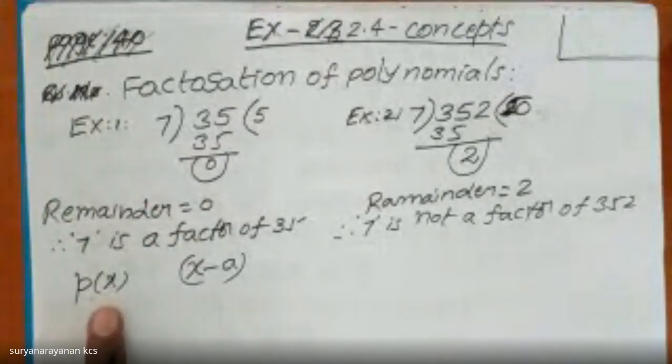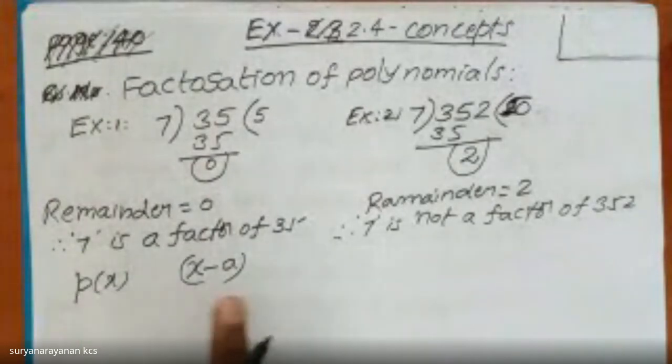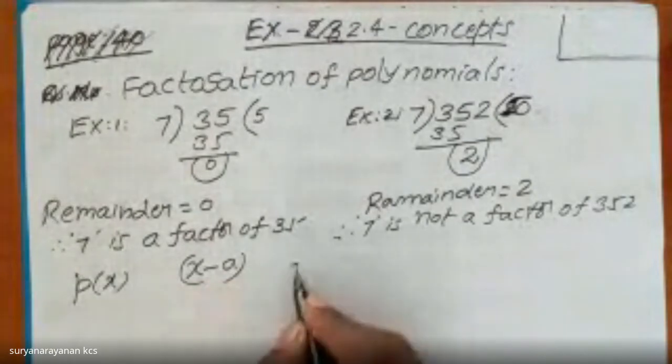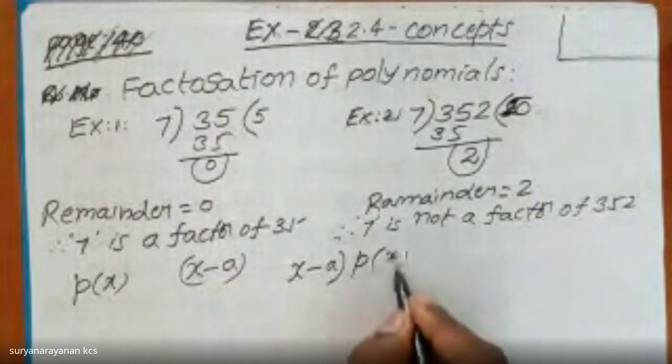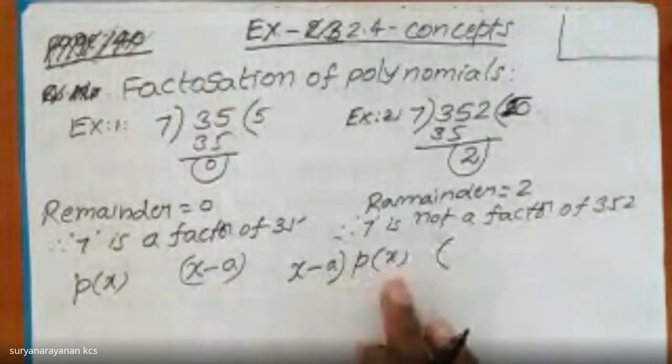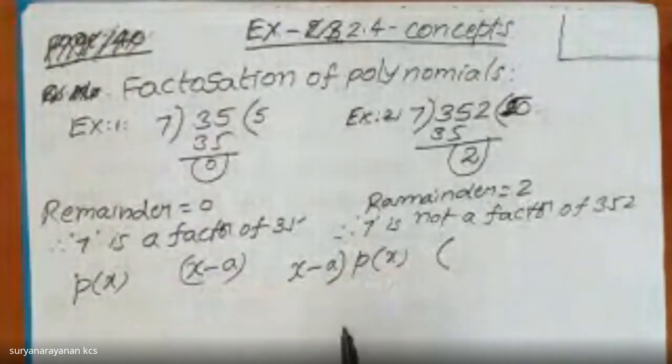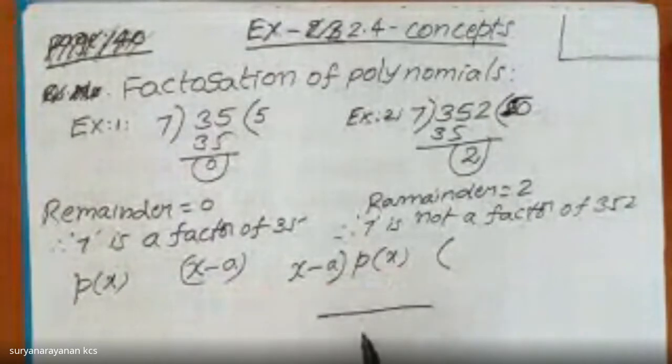Suppose this is a polynomial and this is another linear polynomial, x minus a. We divide this polynomial P of x by x minus a and we get remainder 0.